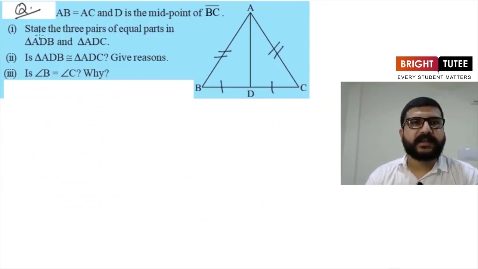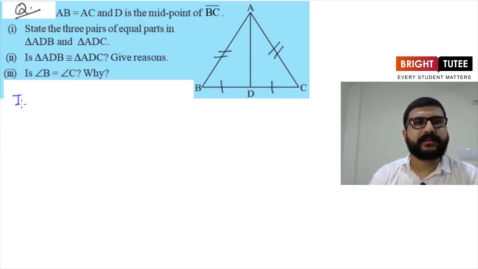Now the question is, state the three pairs of equal parts in triangle ABD and triangle ACD or ADC. So here the triangle is ADB and ADC. So we can write it here in triangle ADB and triangle ADC.